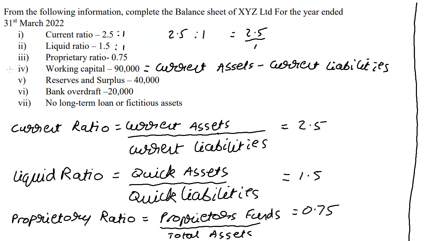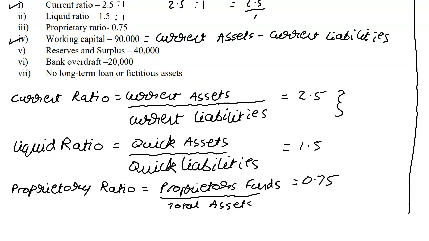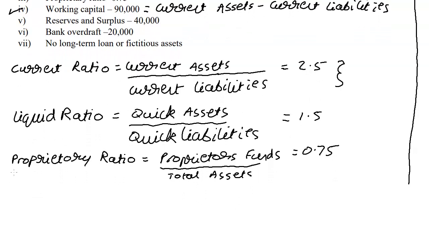I'm going to start with what's given to us here and elaborate it here. I'm going to scroll down slightly so that we have space, and rewrite both of these with short forms. First of all, we know that working capital is equal to current assets minus current liabilities, which is 90,000. So CA minus CL is equal to 90,000. And I also know that the current ratio, CA upon CL, is 2.5.